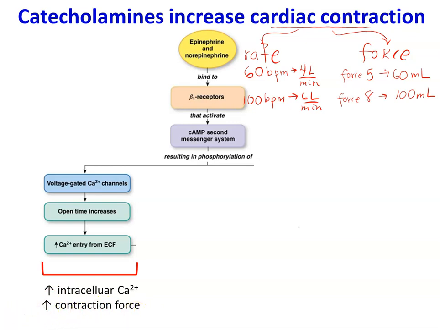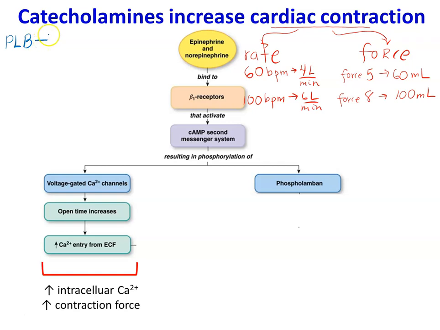Now, activation of cyclic AMP also phosphorylates a protein called phospholamban, okay? And we are going to forevermore call it PLB. And what PLB does in its normal conformation is it slows down the activity of calcium ATP pumps on the sarcoplasmic reticulum, okay?